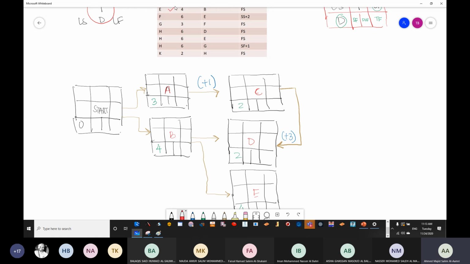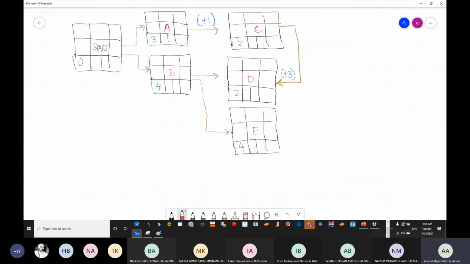And then we have F. Where F, it says for you, you need to start E to start F. Okay, so I'll just draw it here in the same line. When it says finish to finish, it's better to draw the task in the same line. When it says start to start, it's better to draw it in the same line as well.